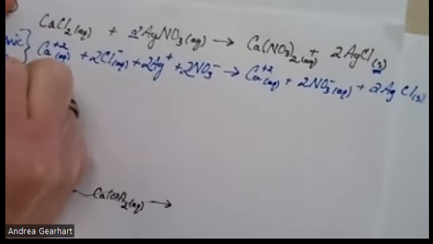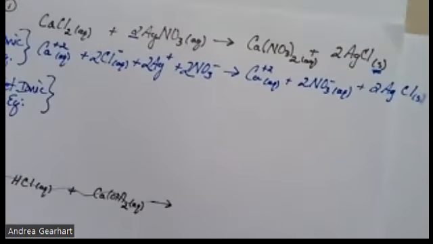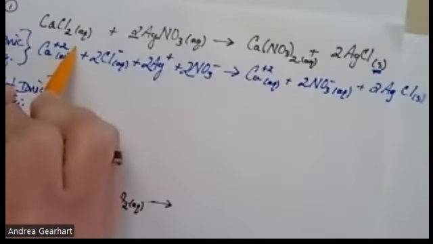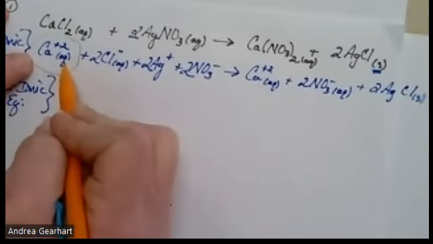Then the net ionic equation. The net ionic equation is really what we are after. The net ionic shows what is being chemically transformed. If we compare the reactant to the product side, I have the calcium +2 ion, one of them. It's aqueous.